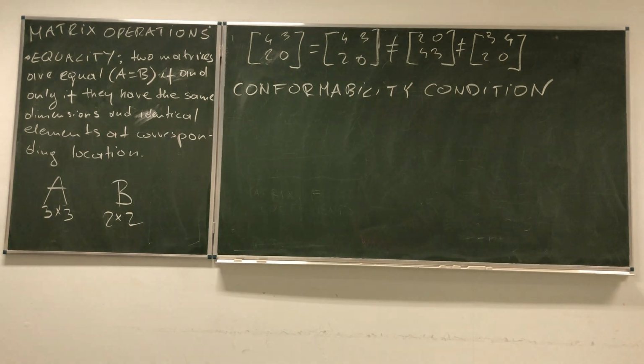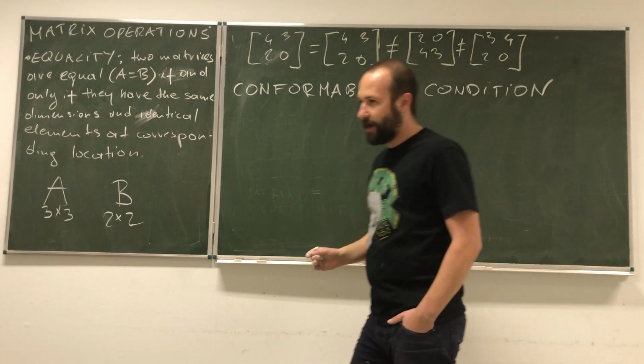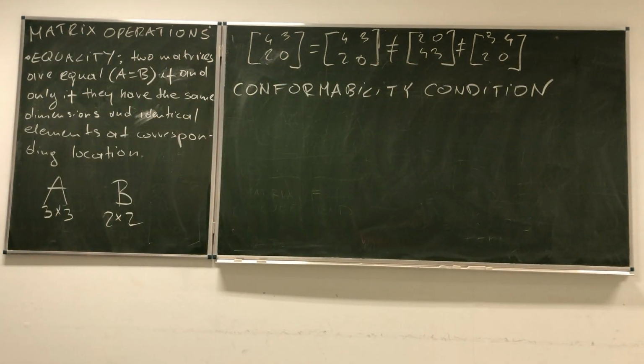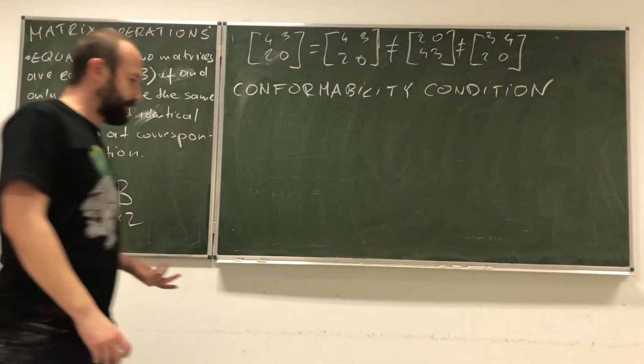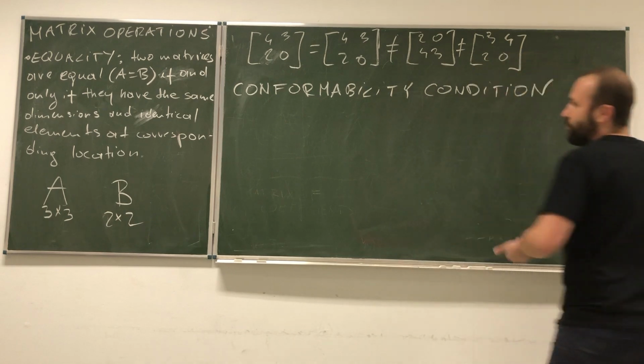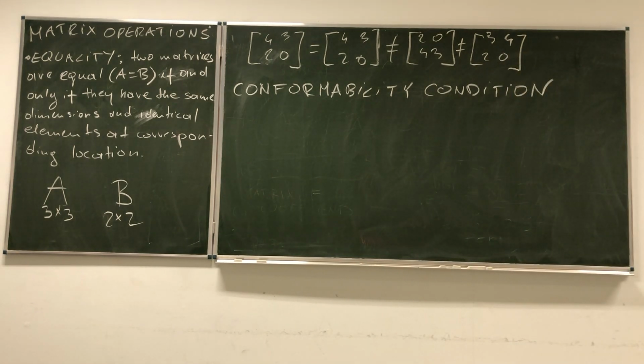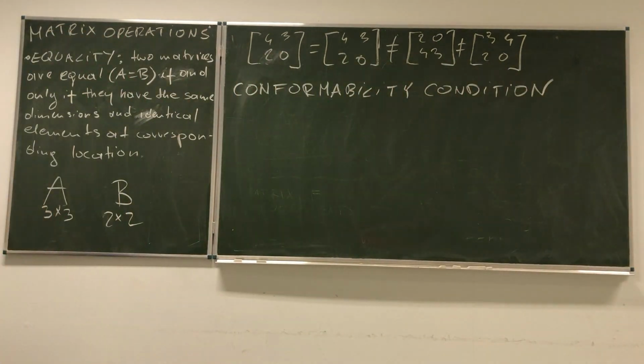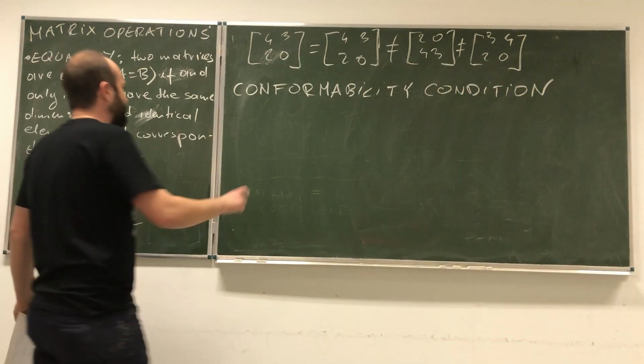Conformability conditions are conditions required if we want to perform some specific operation on matrices. And look, different operations will have different conformability conditions. Okay, so let's start with addition and subtraction of matrices.